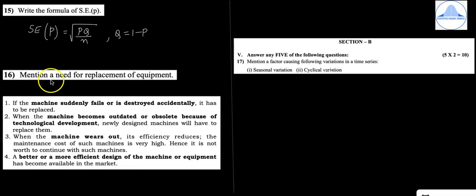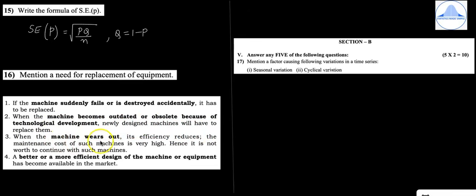16th question, mention a need for replacement of equipment. This question is from replacement theory. First one, if the machine suddenly fails or is destroyed accidentally, it has to be replaced. Second, when the machine becomes outdated or obsolete because of technological development, newly designed machines will have to replace them.